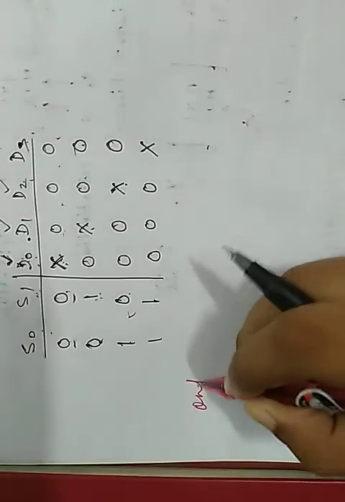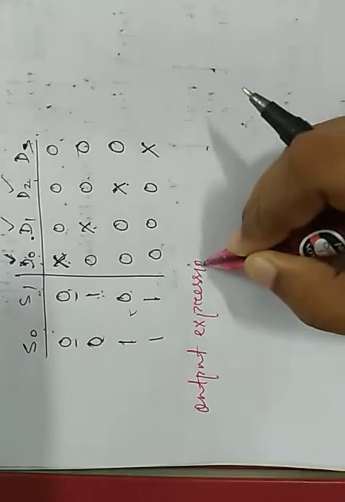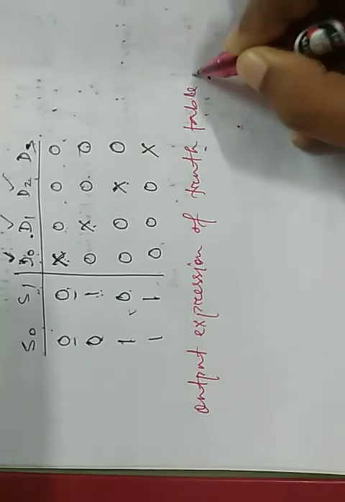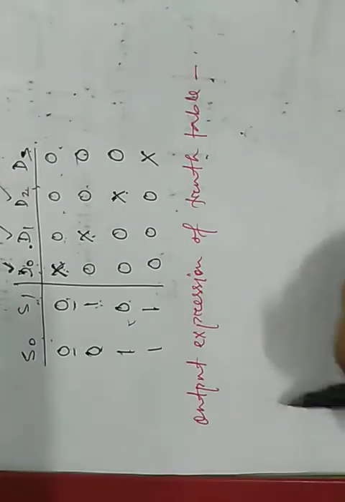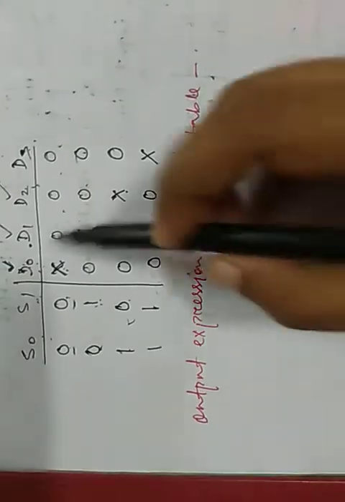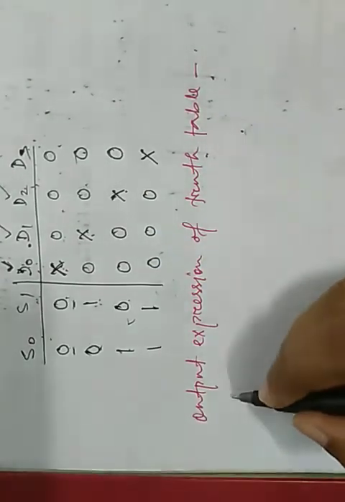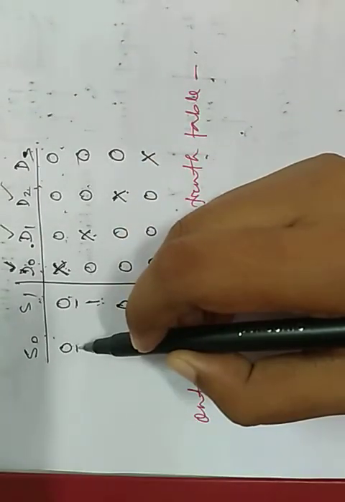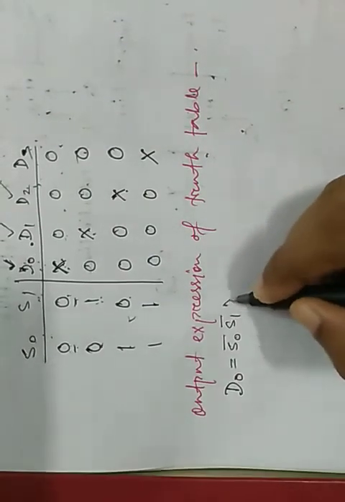In a multiplexer there was a single output line, so we wrote the Y expression using OR operation, but here we get 4 different output lines, so we have to write the expressions differently. For D0 the expression is S0 bar S1 bar X. Why X?